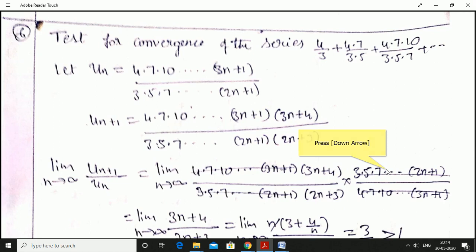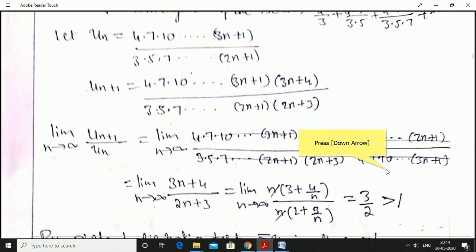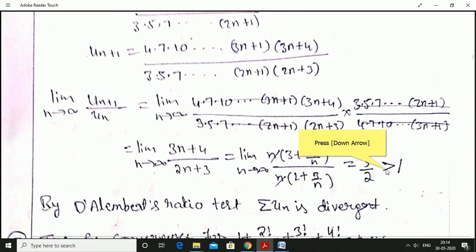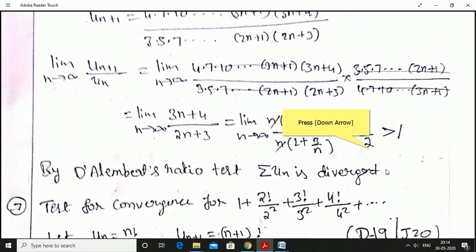Limit as n tends to infinity, un plus 1 divided by un. Un write as it is, and un take the reciprocal because divided by we have written as into. What remains after cancelling the numerator and denominator terms is 3n plus 4 divided by 2n plus 3.